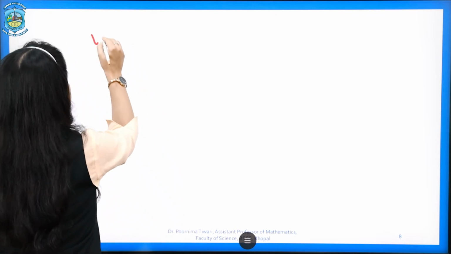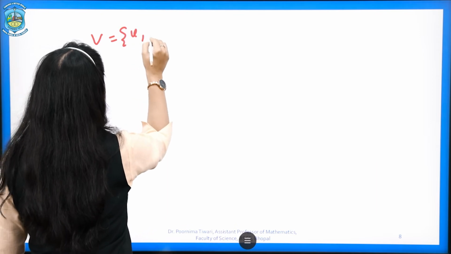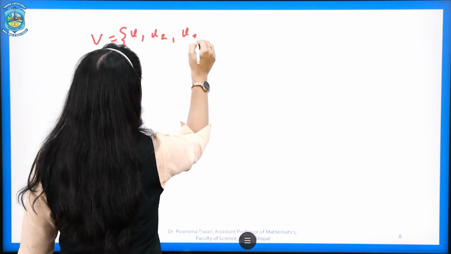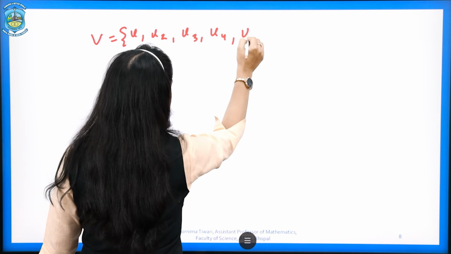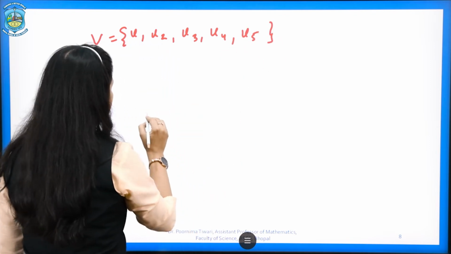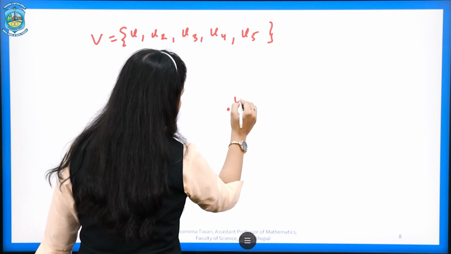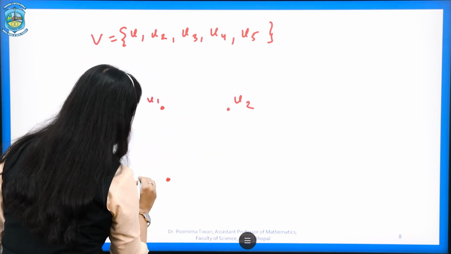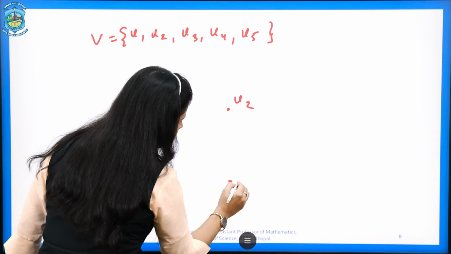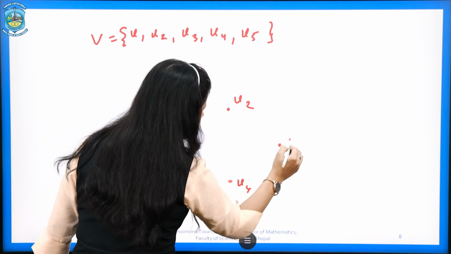Now, we will see how we can draw a simple graph and a multigraph. Suppose we have 5 vertices named as V1, V2, V3, V4 and V5. So, we may draw 5 points for V1, V2, V3, V4 and say V5.